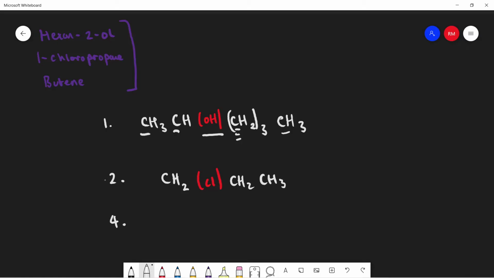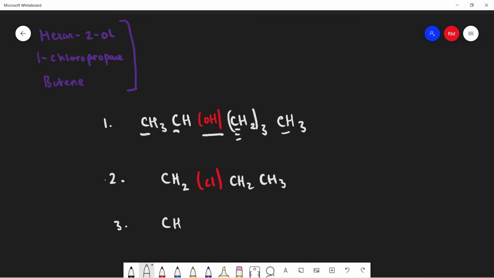And for our third, we have butene, which I have not showed you guys how to do yet, so if you haven't done it, not to worry. I didn't specify, I just said butene, so I'm going to assume the double bond is on the first carbon.